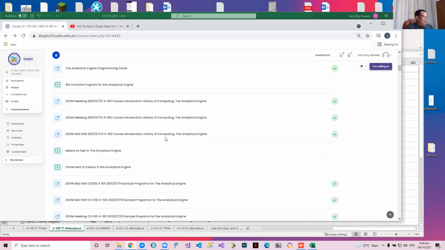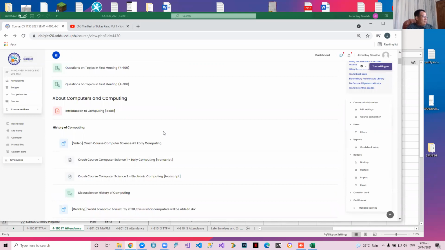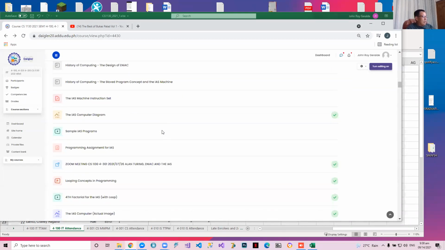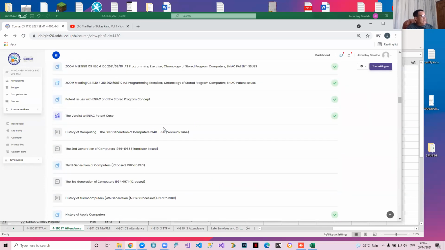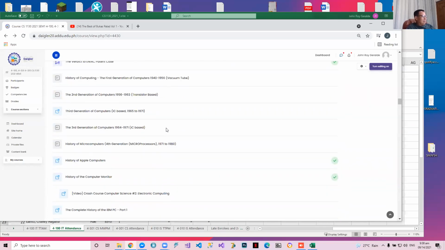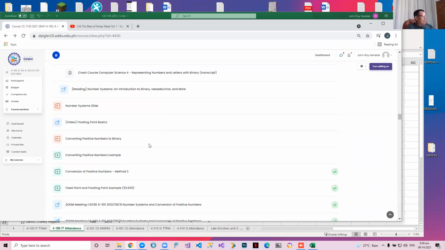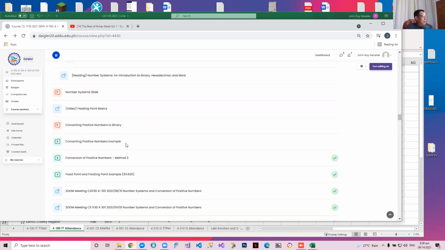So in particular, we will have how to transform from decimal to binary and vice versa. And then how to do addition using binary numbers, converting positive numbers to binary. We have two formats here, the fixed point representation and the floating point representation of numbers.